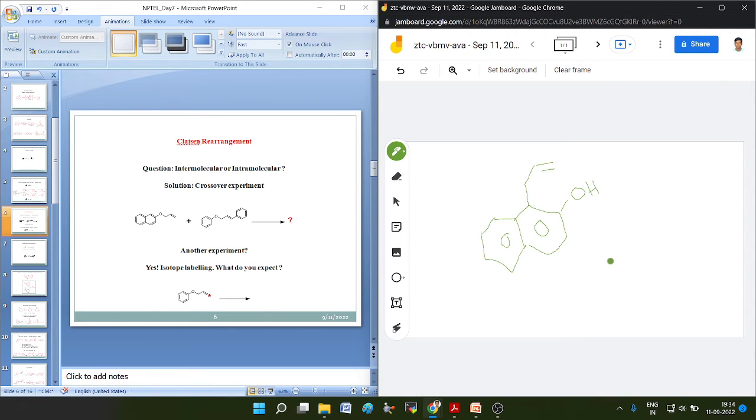This is one product that is found, and in this case there is OH. And now there is something interesting here, so it will be better to show you. I have the double bond here and then the Ph.